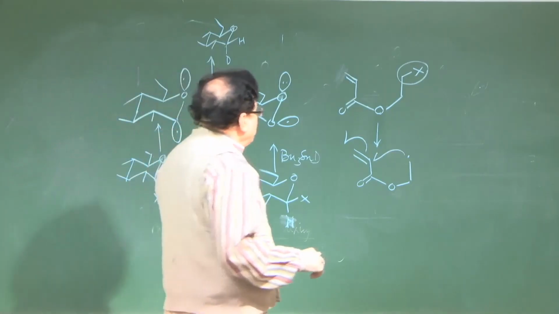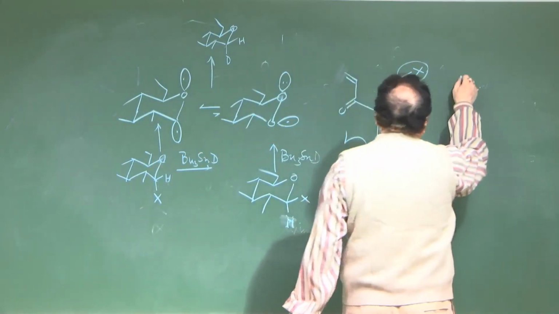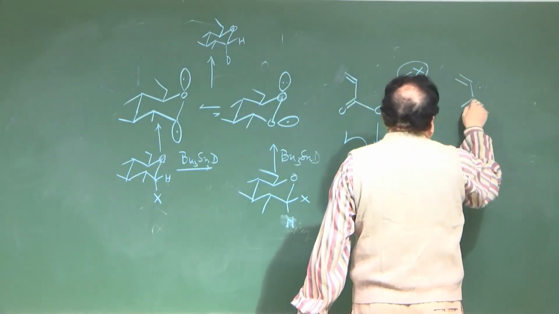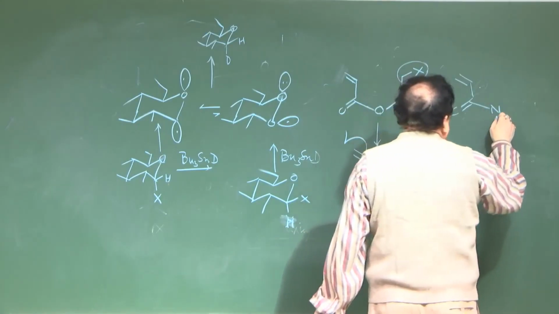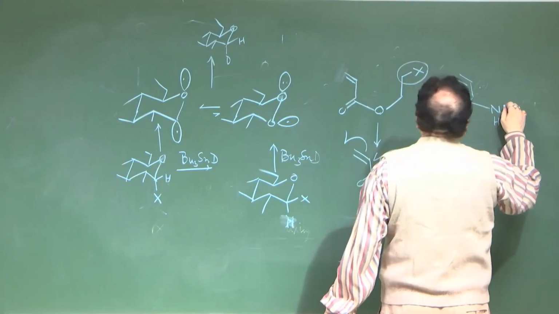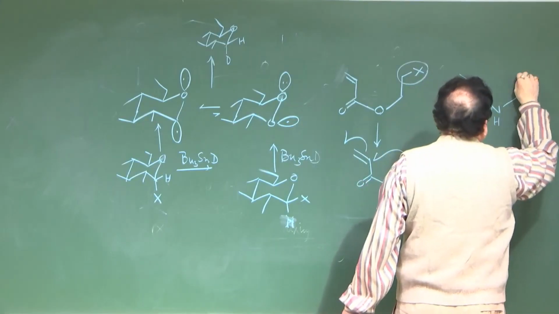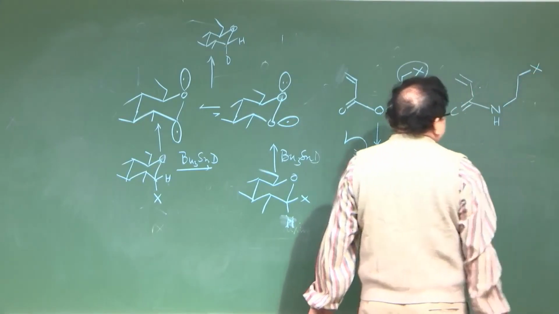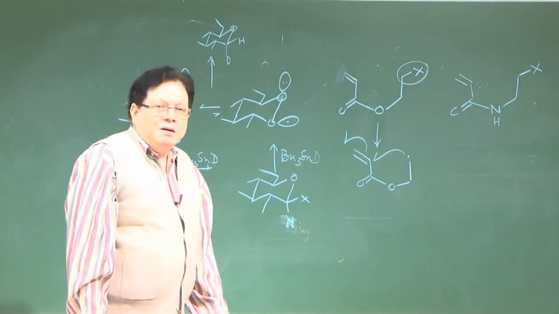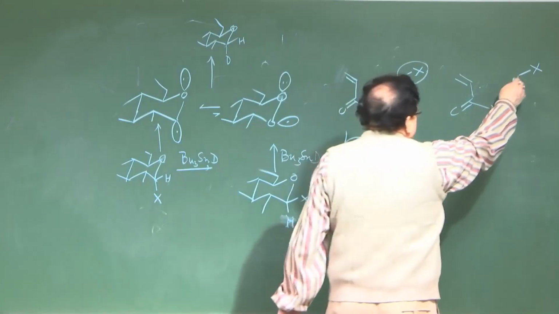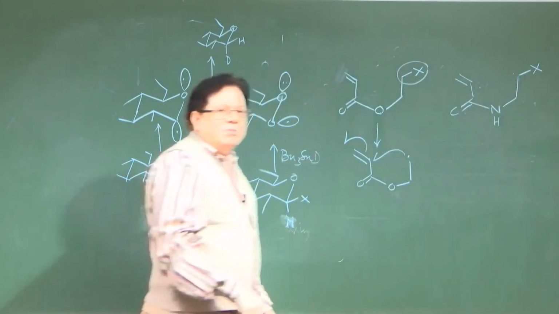You can try to do a similar type of reaction by putting nitrogen also, like NH and then X. Again the same reaction, that you put a radical here, that adds to the double bond.